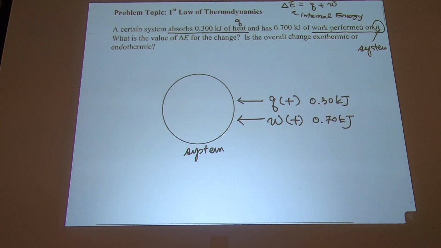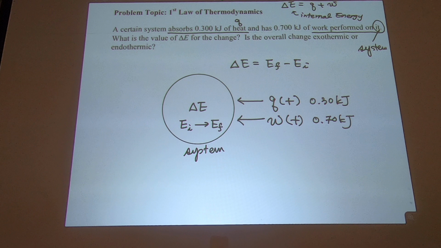And then there is delta E, which is the internal energy. Because of the heat transaction and the work transaction, your internal energy changes from the initial to the final internal energy. Delta E is final state minus initial state, right?